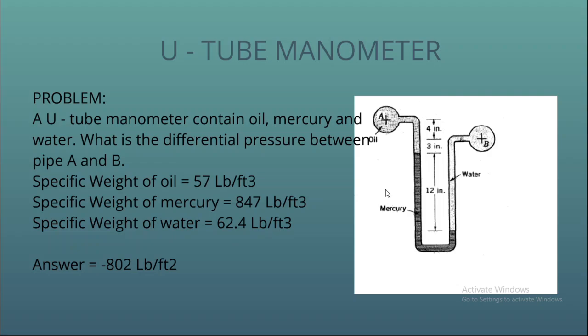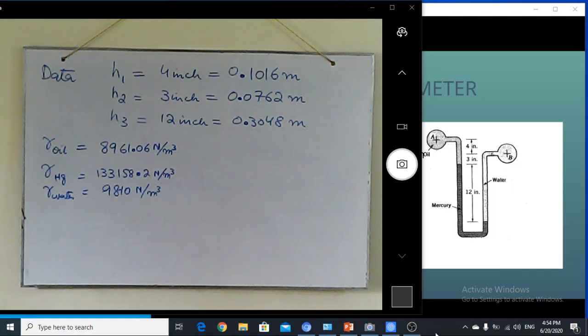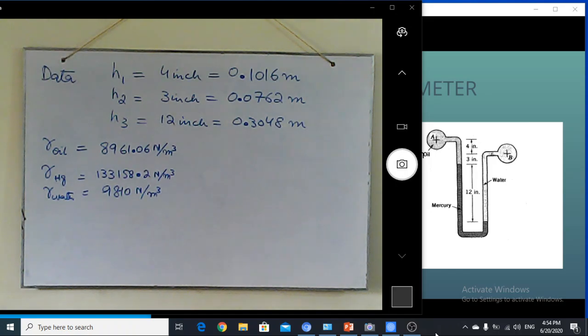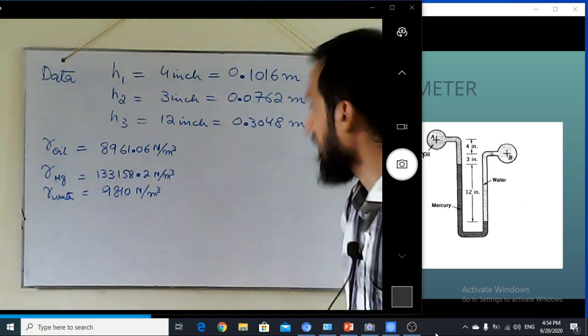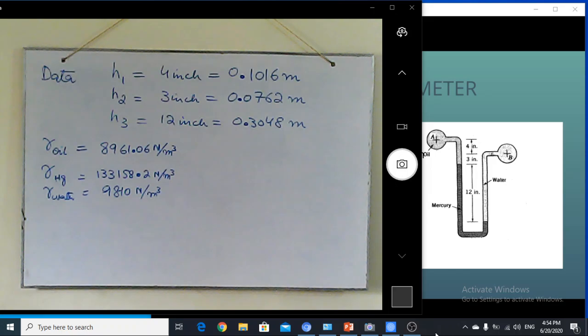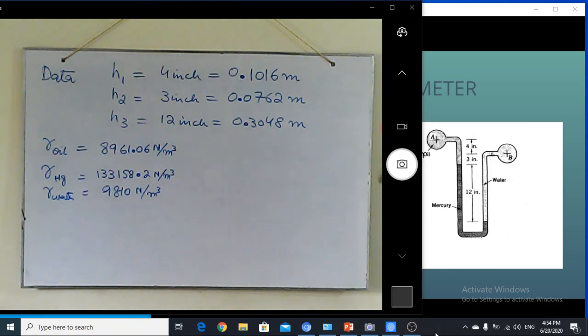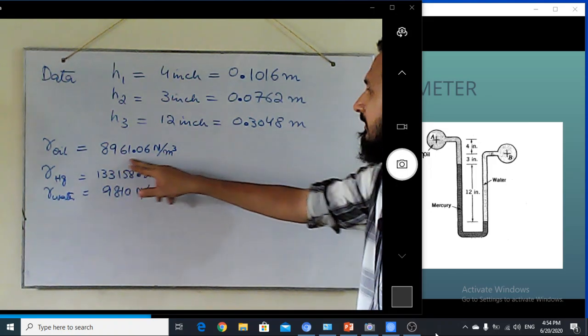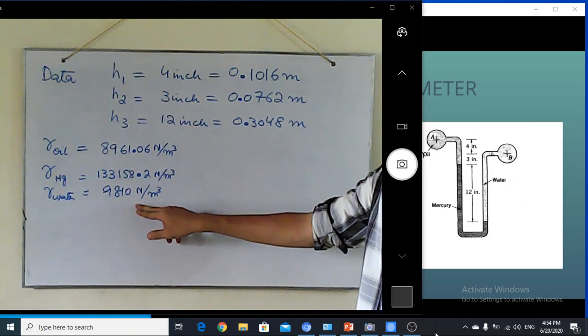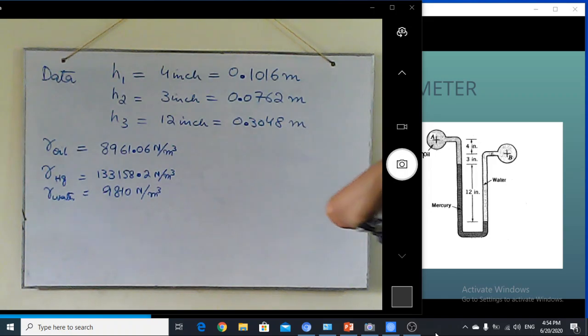Firstly, I convert these units into the SI system. I have converted all these values into the SI system, and converted the specific weights as well into Newton per cubic meter.